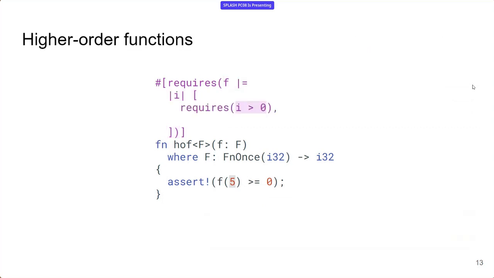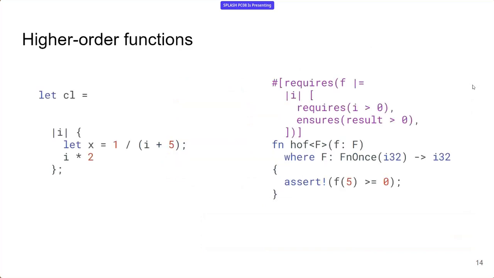And so basically we say, well, okay, this will be a closure that expects a positive argument and ensures that its result will also be positive. And so if we have such a contract, if we know that f satisfies this contract, then of course this assertion also holds.